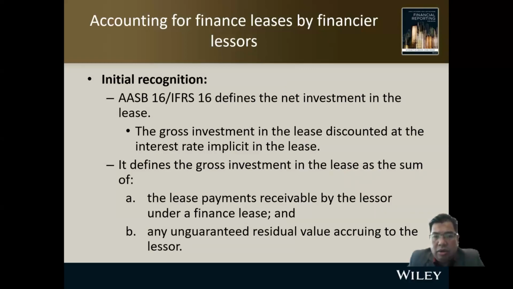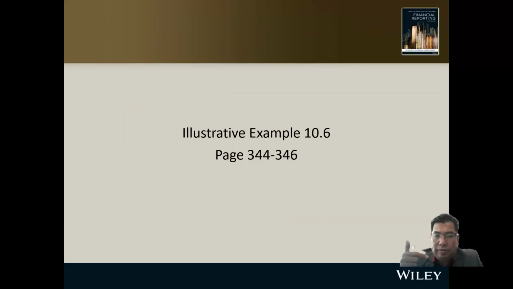It defined the gross investment in the lease as the sum of, number 1, the lease payments receivable by the lessor, and number 2, the unguaranteed residual value. So this is the component of the gross investment.